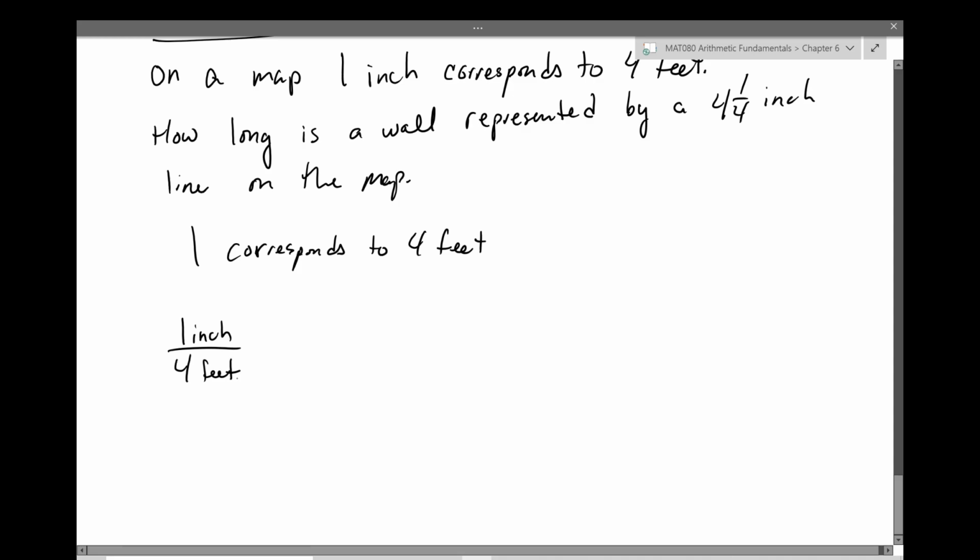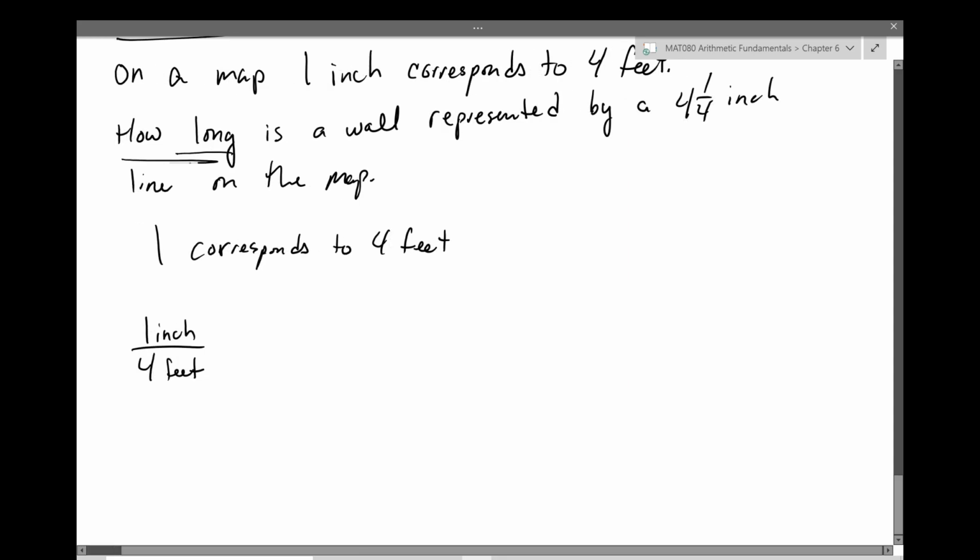So what they're asking us to find is how long is a wall represented by a 4 1/4 inch line on the map? Well, the key to proportions is this equal sign. That's the key. If on the left-hand side our fraction is set up as inches over feet, then on the right-hand side it has to be inches over feet as well, okay? Because they're equal to each other.